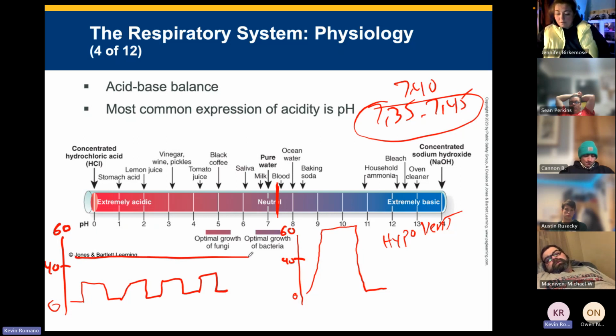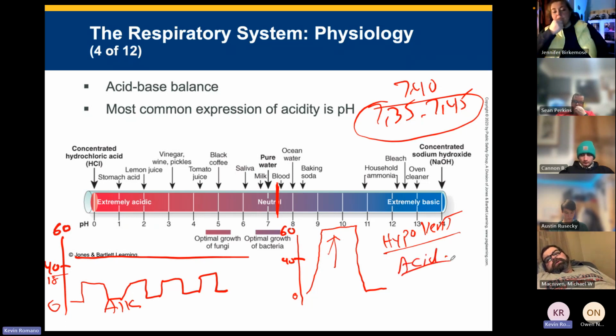So you'll see numbers around, let's say, 18 or so, 20. You'll see it lower. Hyperventilation, lower numbers, becomes very alkalotic. So I'm going to put down here ALK. These patients that are hypoventilating have a decrease in pH, causing the patient to be acidotic.